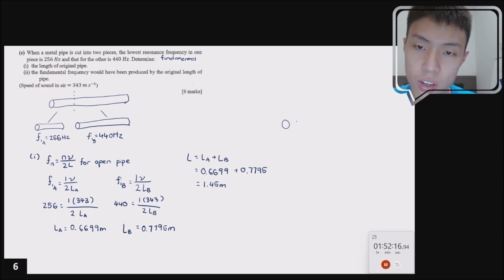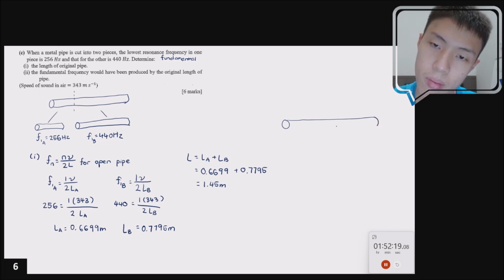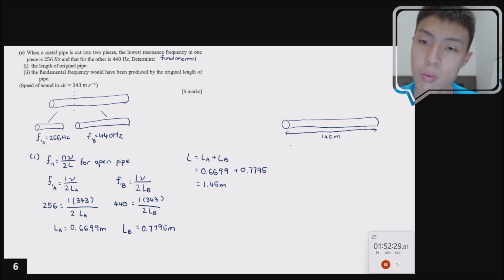If this is the original length of the pipe, which is 1.45, then what would be the fundamental frequency? Again, this is an open pipe, so this one will be 1 V over 2L.